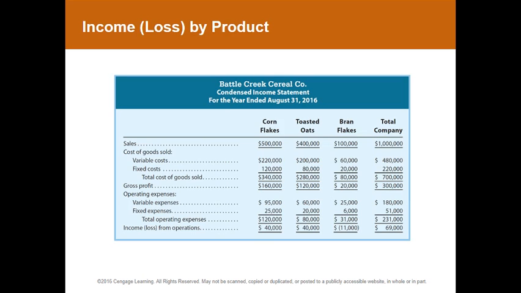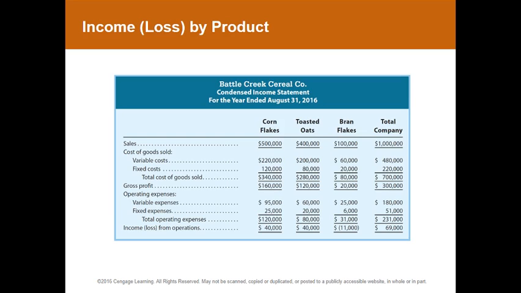Here we have the condensed income statement, and you notice that we have it broken down into products: cornflakes, toasted oats, and bran flakes. At first glance, we see a total loss from operations on bran flakes of $11,000. So what a lot of managers in practice do is look at this, and this is where they stop.